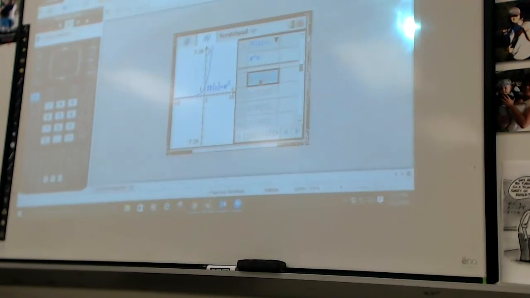But look, it's getting closer and closer to 0. When it gets like right here and it starts getting almost horizontal, it's changing very slowly. Okay, so let's go back.